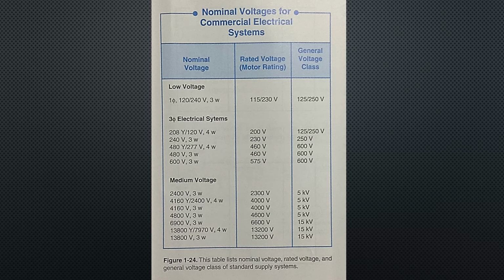The wire is abbreviated with a W, and a Y system is designated with the letter Y. For example, a three-phase, four-wire, 120/208-volt Y system is abbreviated as 3, the symbol for the phase, which is a slashed 0, comma, 208 Y, 120 V for volts, comma, 4 W for 4 wires.